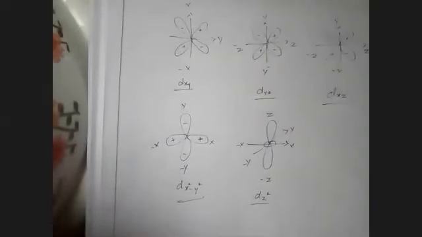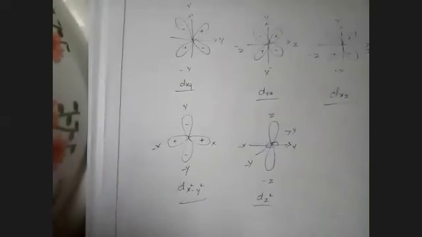So these are the 5 subshells you can see in d orbital. These are the orientation. So in the crystal field theory, he is going to explain the axis of orbital. So this is called orientation of d orbital, or you can say axis of d orbital, no problem.